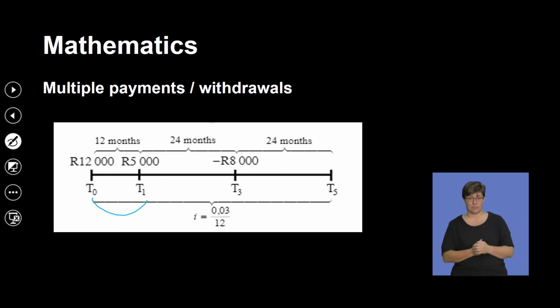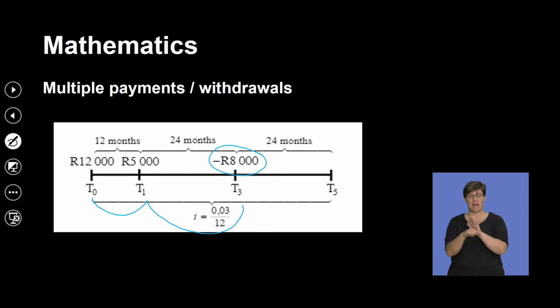And then for the 2 years of leaving all the money that she deposited, it was gaining interest at the very same rate, which is the 3% compounded monthly. So in this instance, the interest did not really change, but what changed is the withdrawal now. She decides to withdraw.